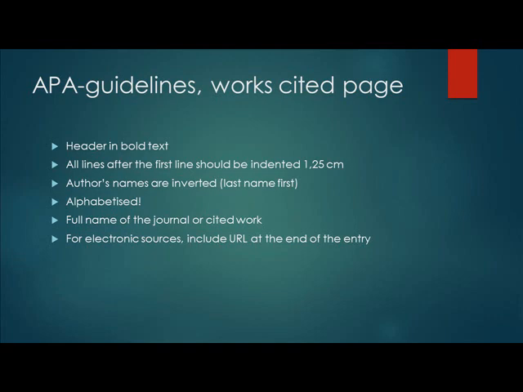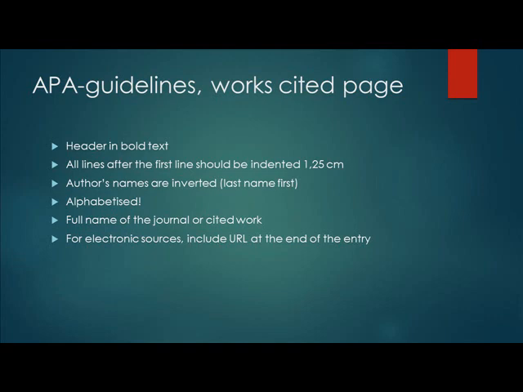And that's why at the end of the paper, there's a list where I can see that. I can check if I need to go into detail. And what you start with is a header in bold text that says References.